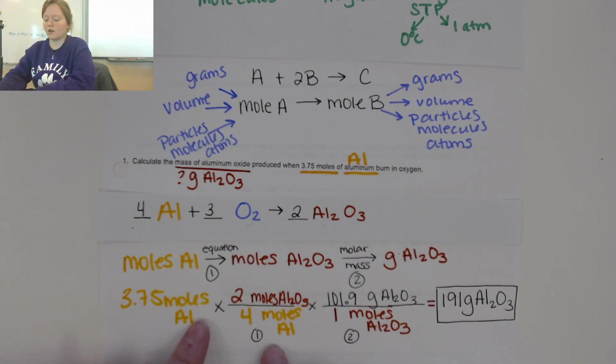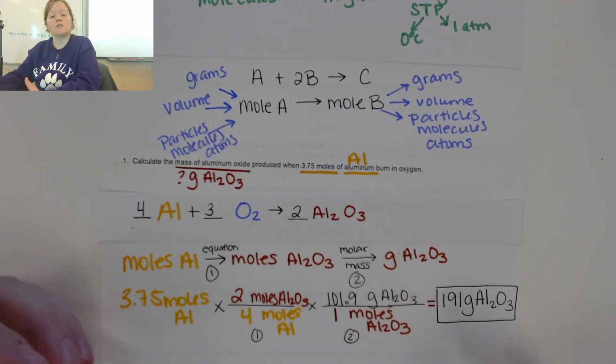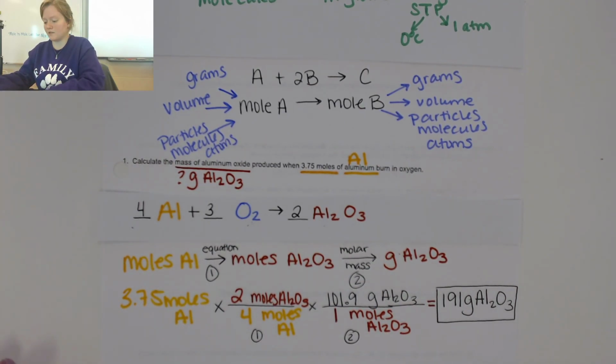So here we were converting from different elements, aluminum to aluminum oxide, but then taking that and converting it to a completely different unit altogether, not just the element, but we're going from moles then to grams.